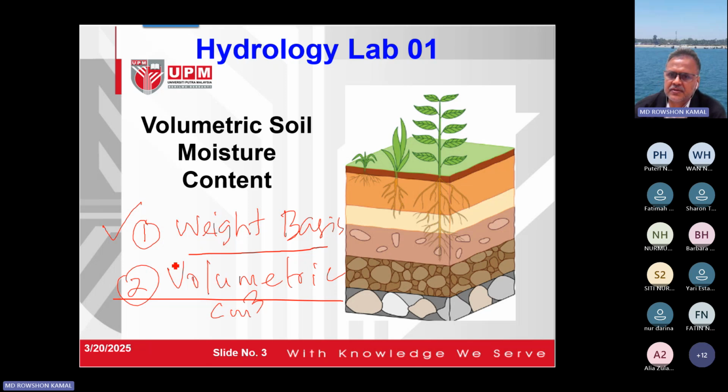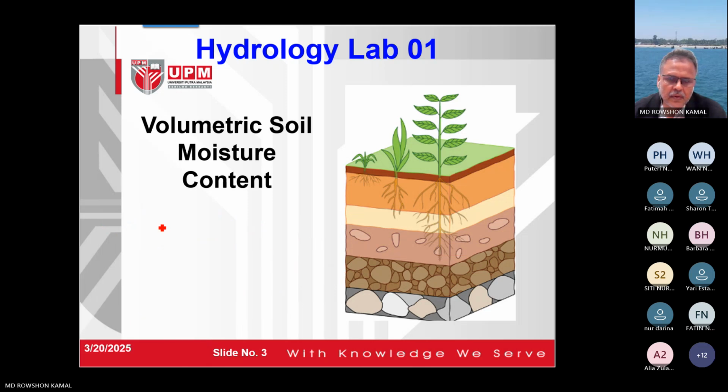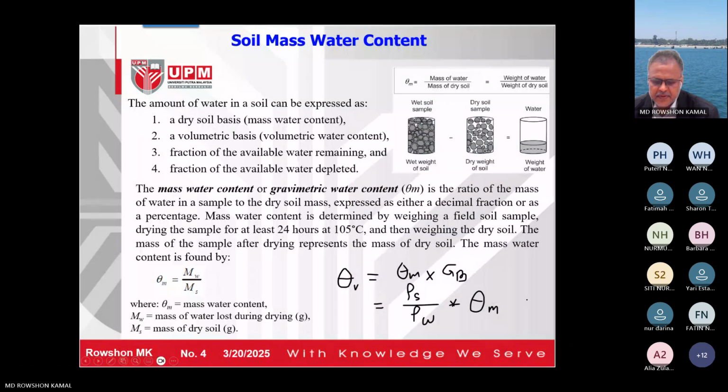Volumetric means, let's say this is the volume, this is the soil. Let's say if I take this area, sorry, let's see if I take this area, something is, maybe I write this. If we, let's say if we take this area, and okay, why this moving?